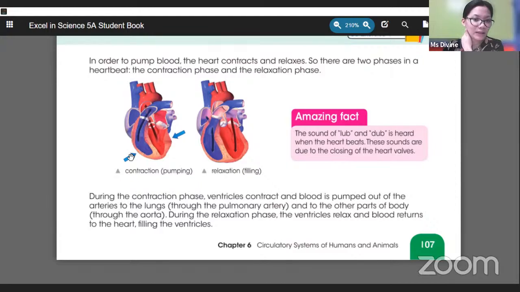But if it is relaxed, then the ventricle relaxes and the blood returns to the heart. Remember the two phases of heartbeat: contraction and relaxation.